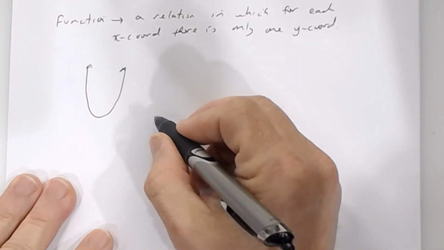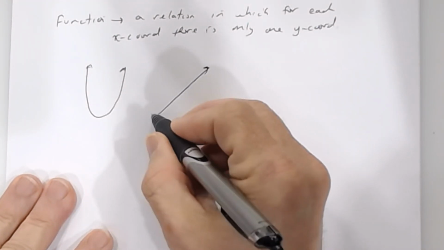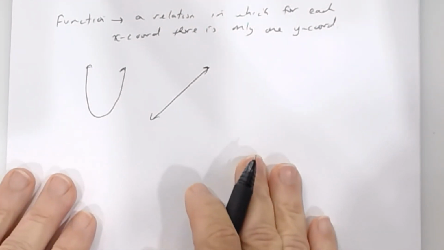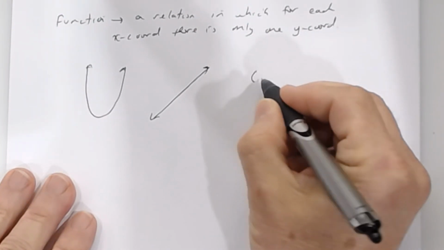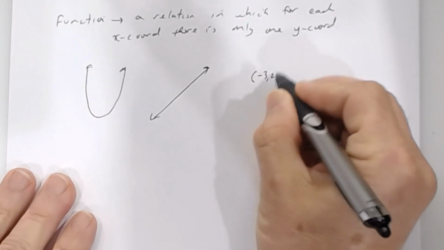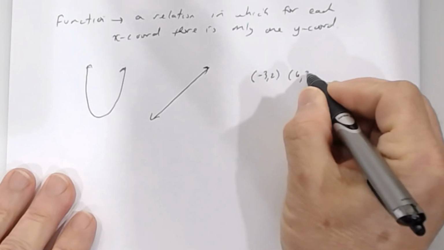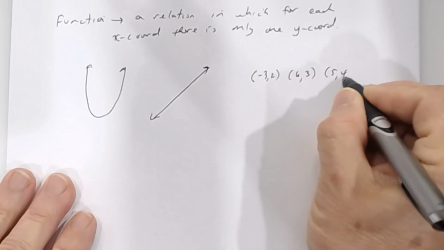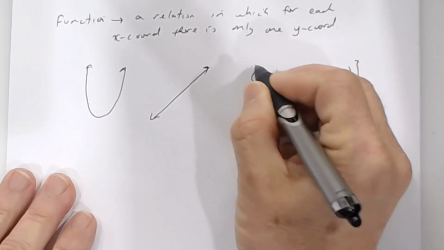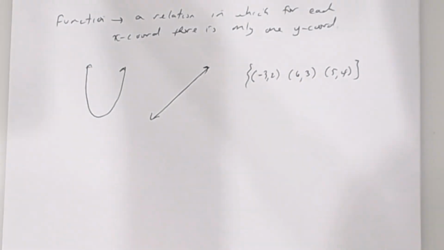We talked about lines before. We talked about ordered pairs. All right, so all these that I've drawn are functions.